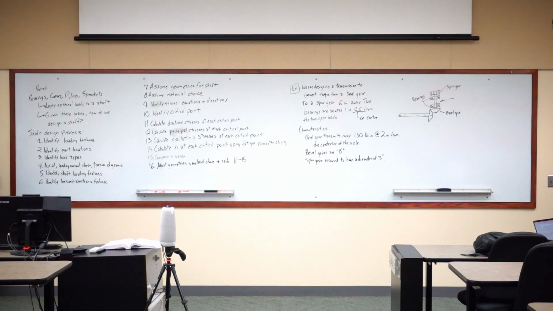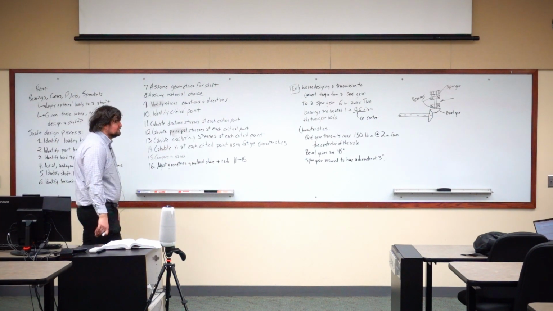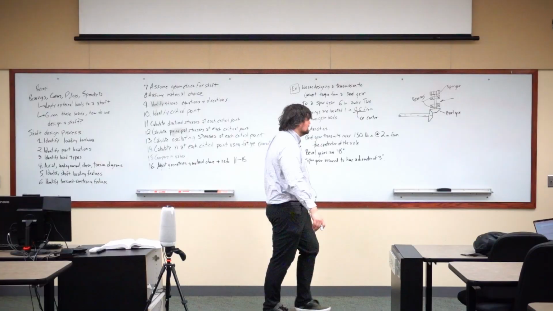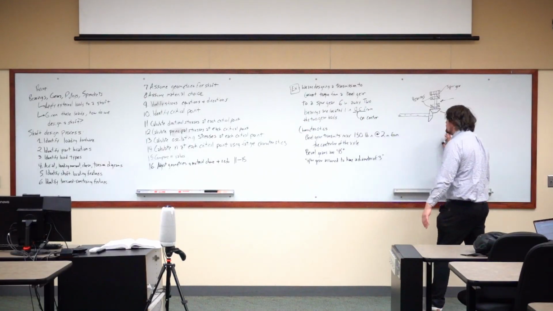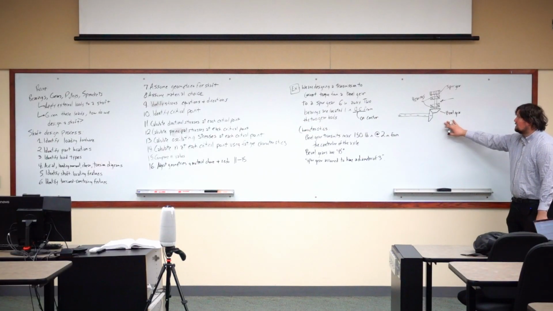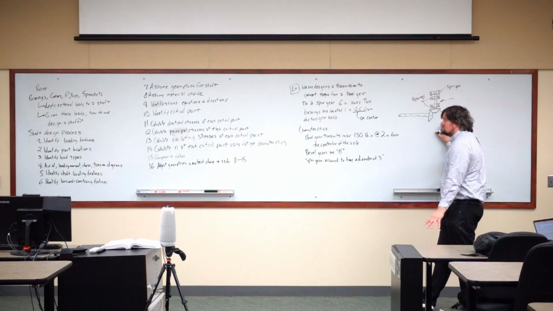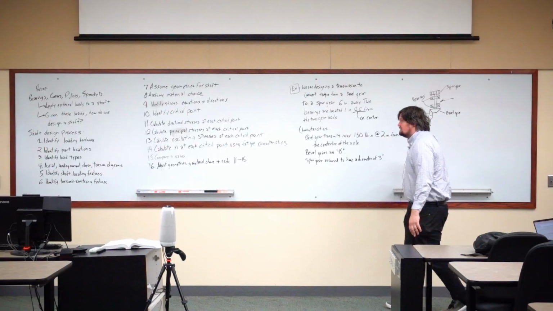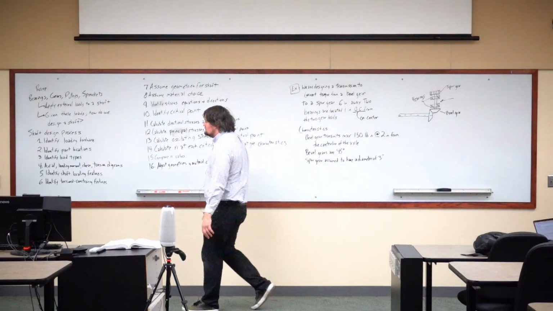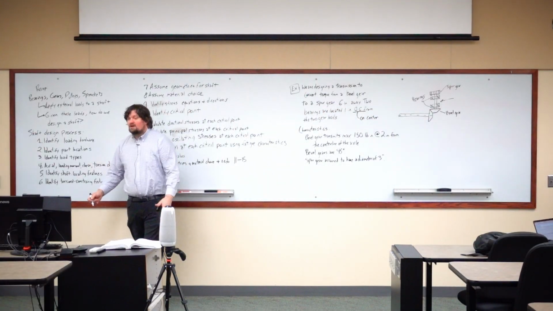Yeah. So here we have a diagram, the load hardware. This satisfies 1. It's important that we understand what it is we're dealing with before anything. Second, part locations. This one's also given to you.